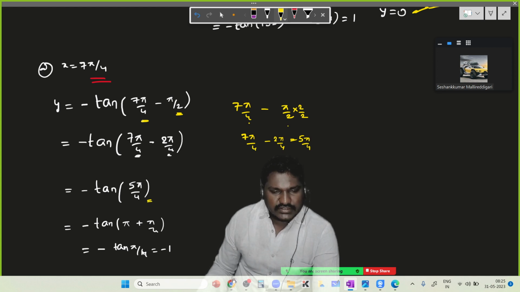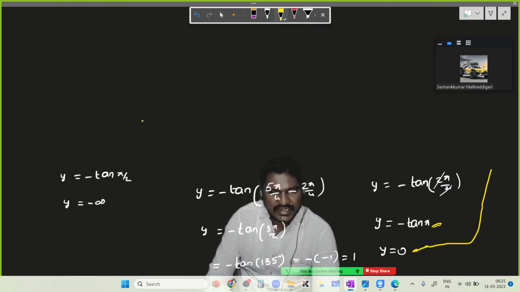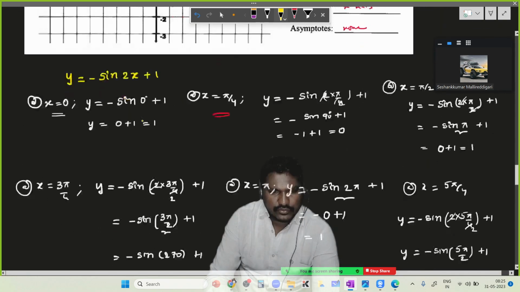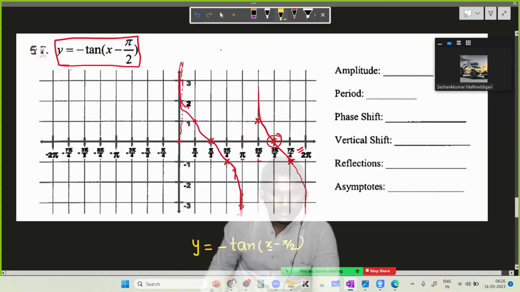And 5 pi by 4 is nothing but 180 plus pi by 4. So we know that tan of 180 plus theta is the same as tan theta. All this will be covered in the supplementary and complementary angles video, which I will definitely share. So tan 5 pi by 4 is the same as tan of pi plus pi by 4, and with the minus sign the value is minus 1. So at 7 pi by 4 the value is minus 1.